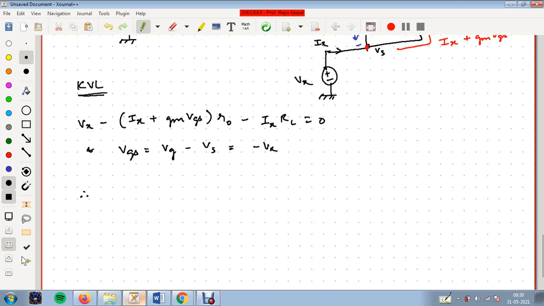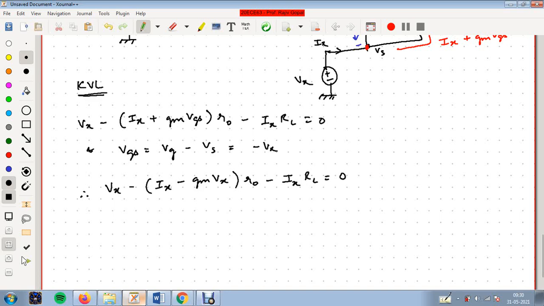You substitute this in the above. So Vx minus (Ix plus Gm times minus Vx) into R0, minus Ix RL equal to 0.